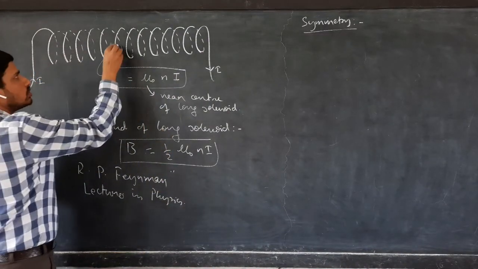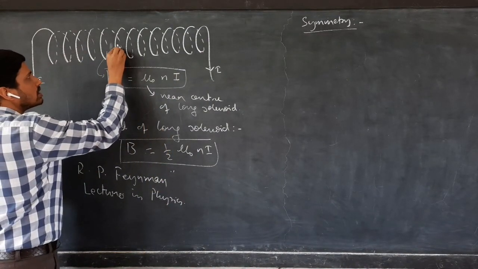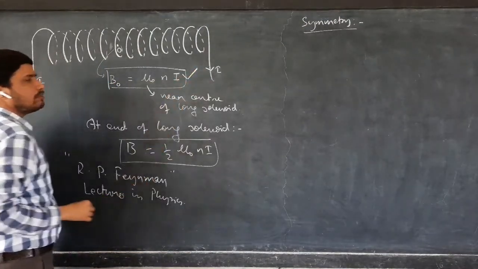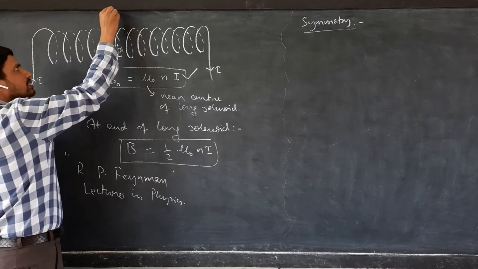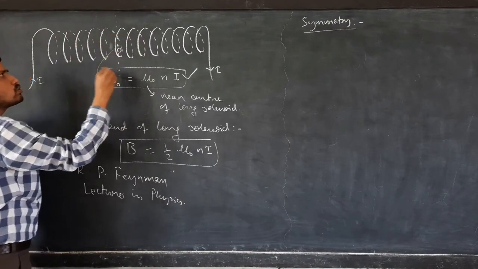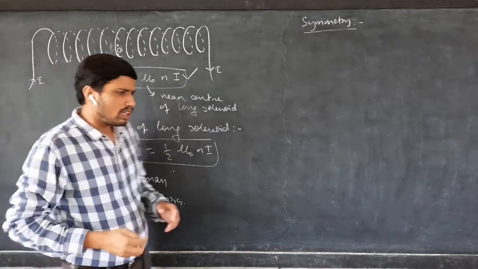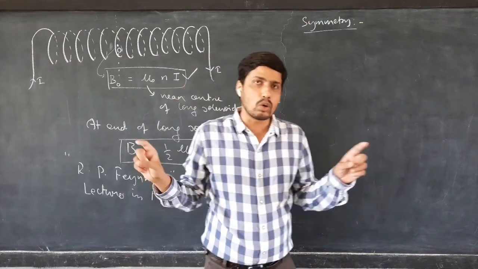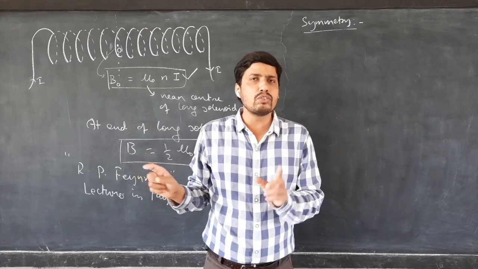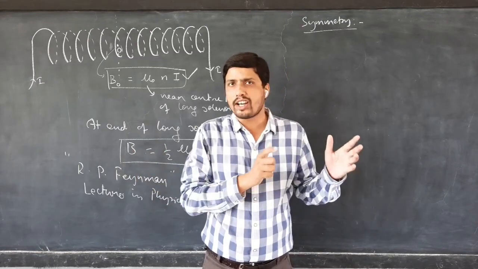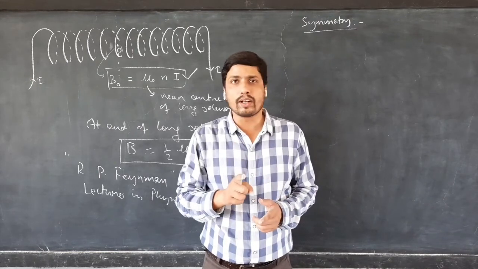This magnetic field is known at the center. This point I'll call it as O. So magnetic field at the center is how much? Mu naught times n times I. I will divide this solenoid into 2 parts. From the middle, I'll divide it into 2 halves. Now, since it is infinitely long, dividing it into 2 halves, each part or each half that you get is also infinitely long.